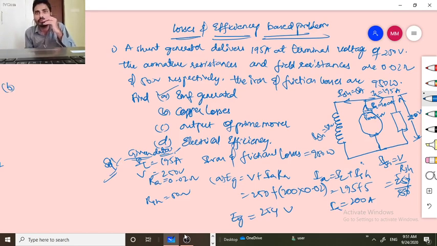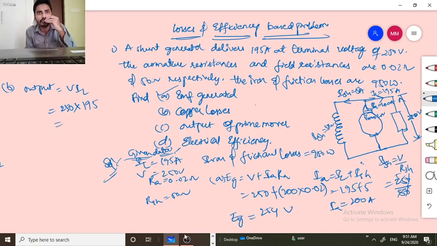For B, we want to know the copper loss. For that, for the generator the output power is the electrical power, V into IL. V is 250 into IL 195.